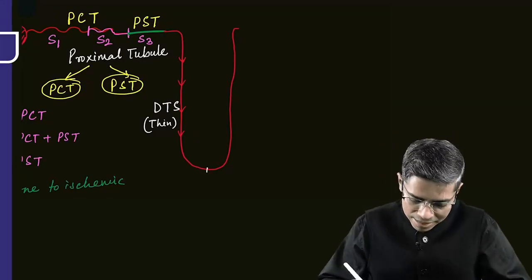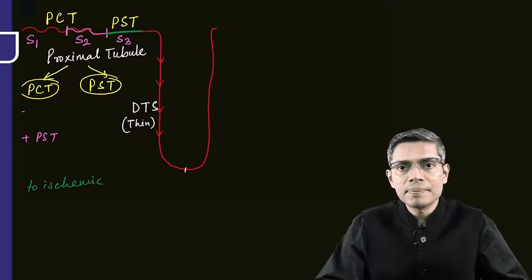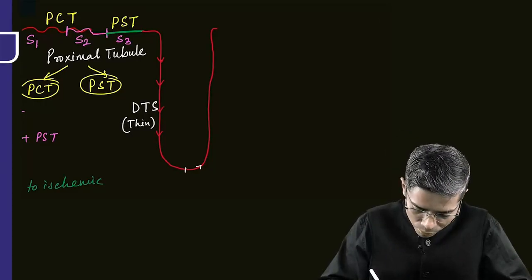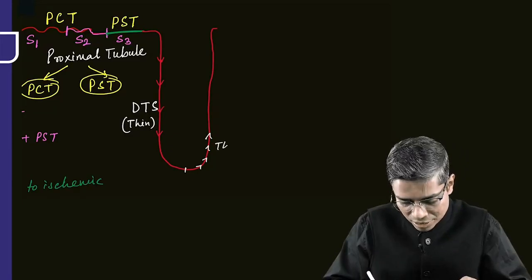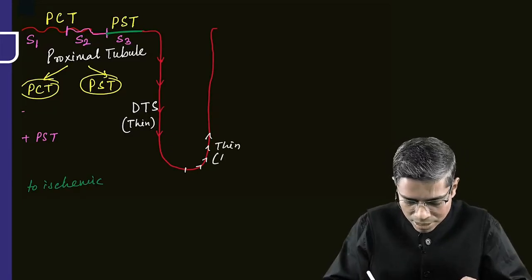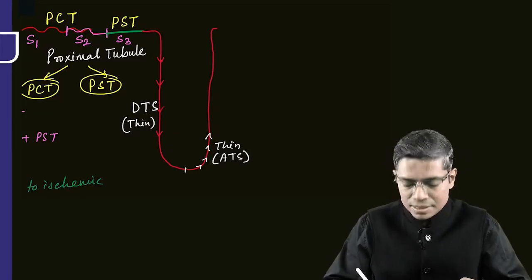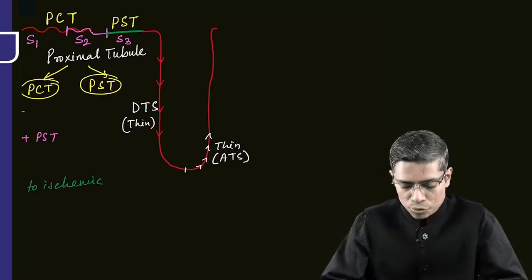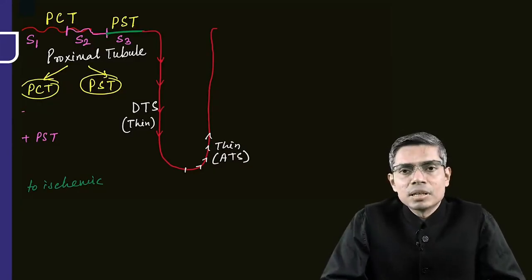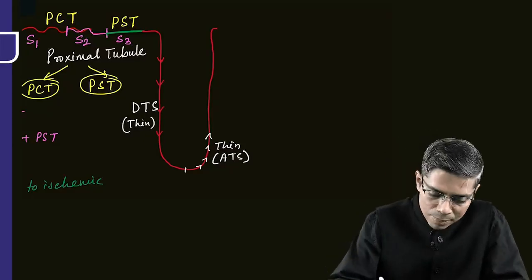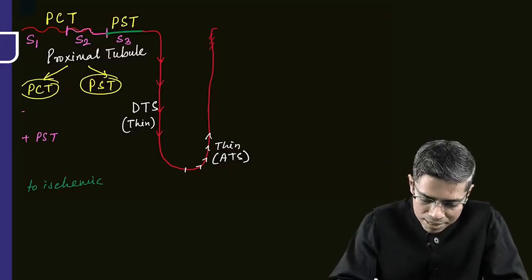Now the ascending portion of the loop of Henle has two parts. The first portion of the ascending portion of the loop of Henle is thin in nature, and this is known as ATS. This is the universal short form that is used for description of these different parts. ATS, ascending thin segment of the loop of Henle. And the remaining portion of the loop of Henle is the thick one.